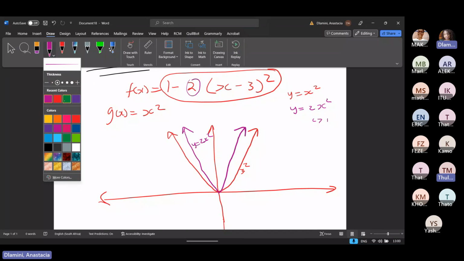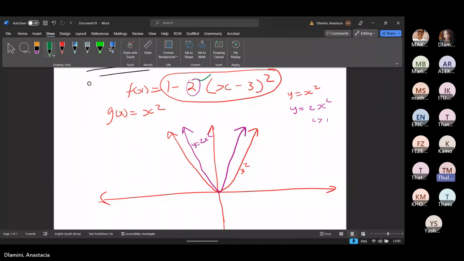Now, I'm done with this 2. I want to do what's inside here. If I'm going to do y equals 2(x minus 3) squared, what transformation am I doing with this purple graph?